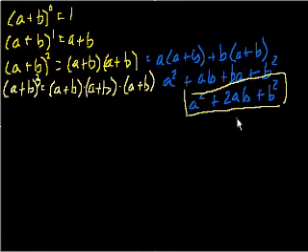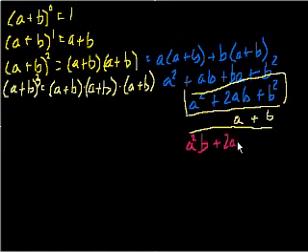So first let's multiply everything times b. That's a squared times b. Now let's do 2ab times b, so plus 2ab squared, and then plus b cubed. And then we have a times a squared.